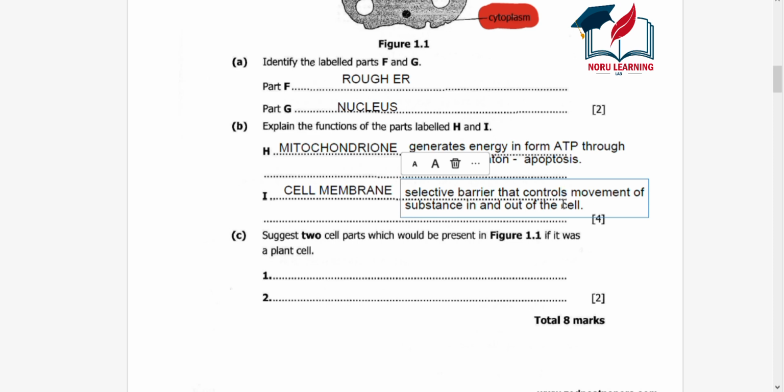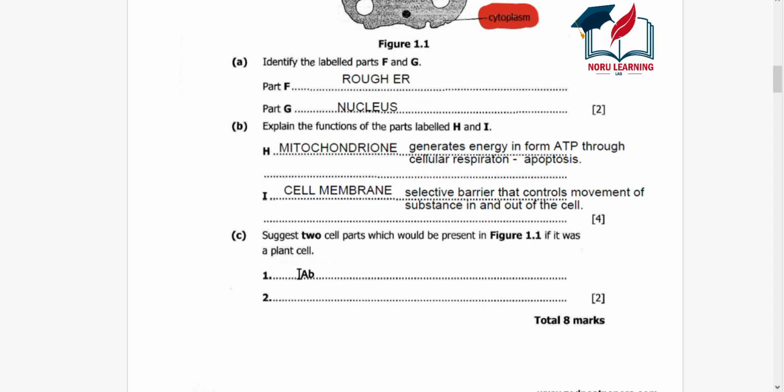So that is it. Then let's go to the last part, which is C here. C says we should suggest cell parts which would be present in figure 1.1 if it was a plant cell. Of course, we know this is not a plant cell.